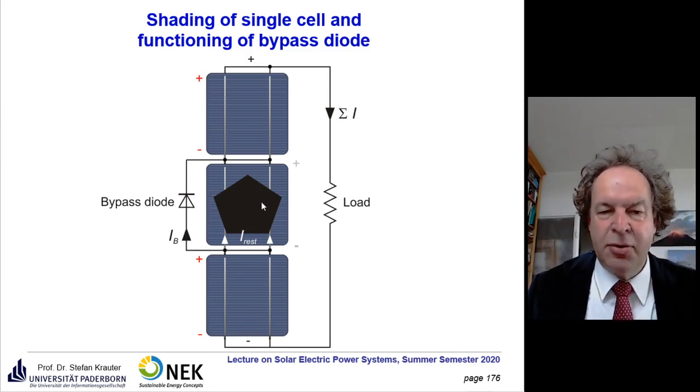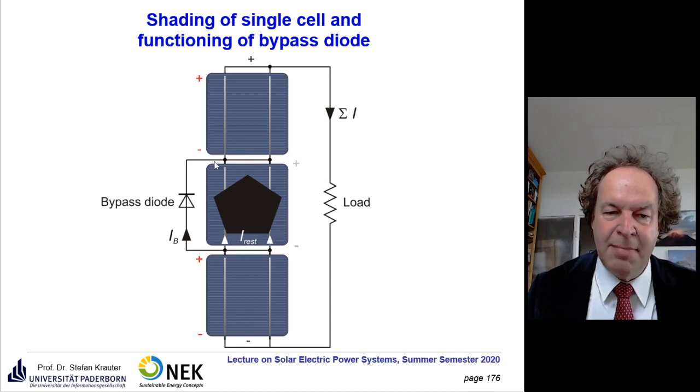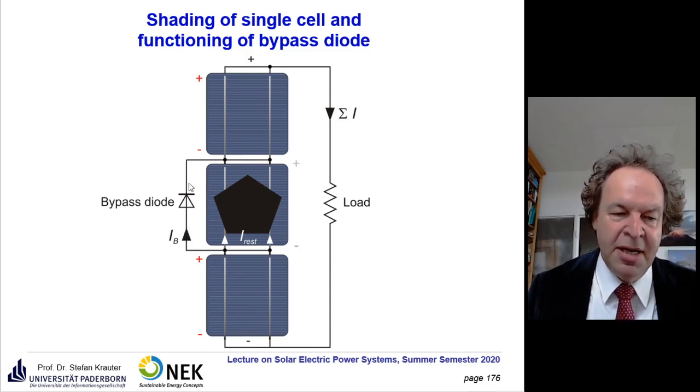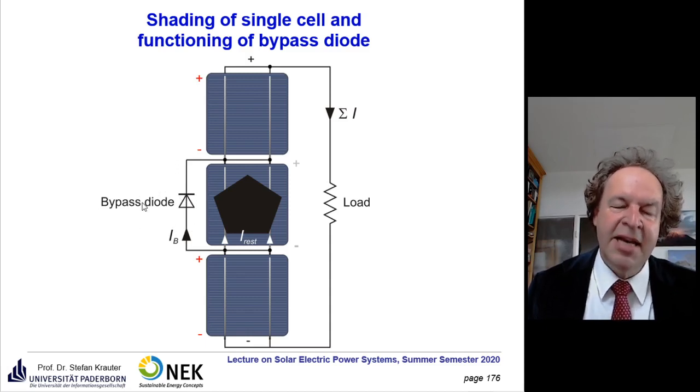And what happens? If you have normal conditions, take off that leaf here, then you have plus minus, plus minus, plus minus. We have plus here, minus here, nothing's happened to the bypass diode. If it's a good bypass diode, it's in blocking conditions and it doesn't let any current pass here.